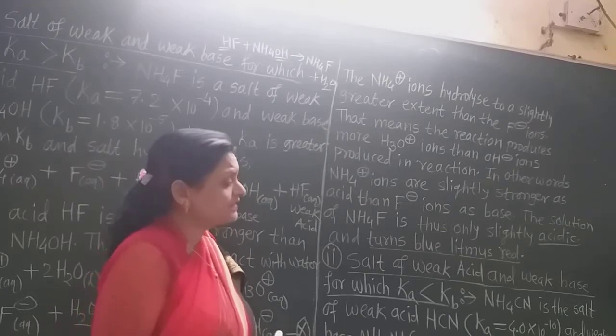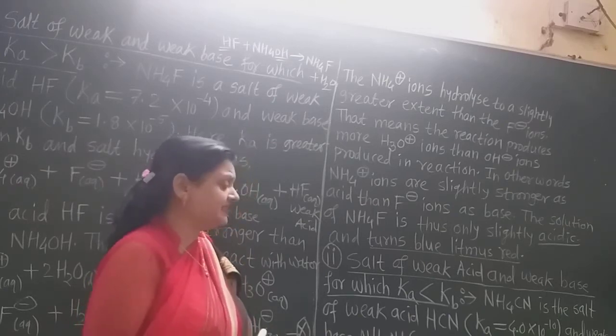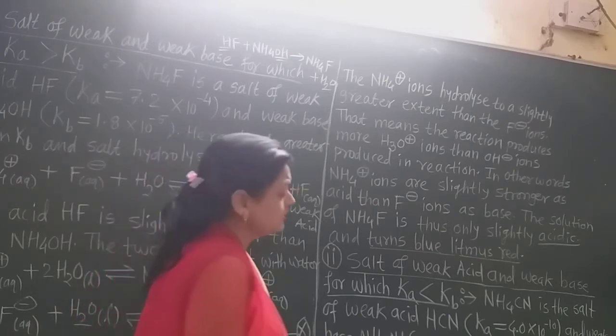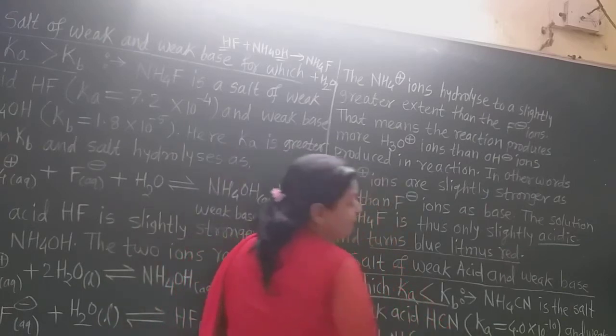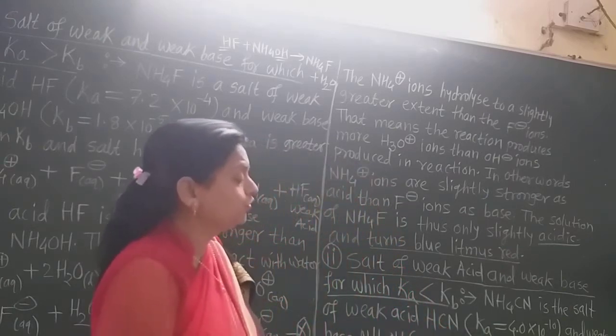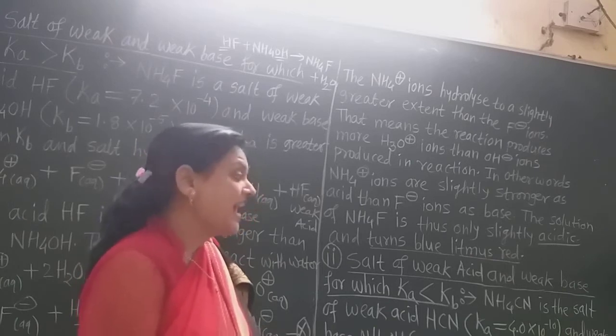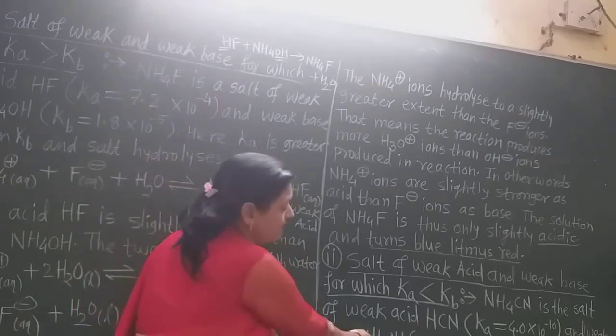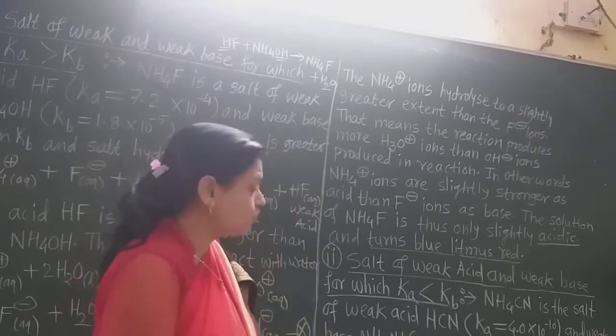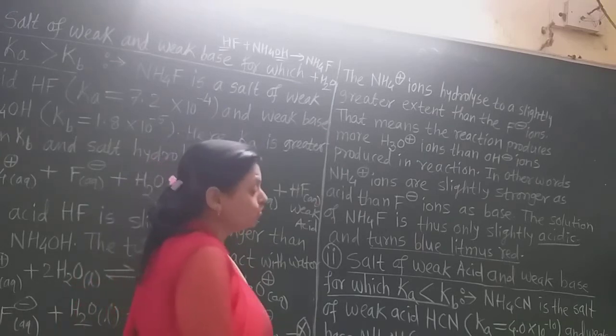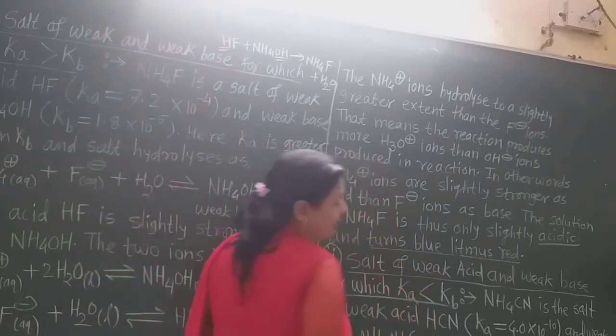Now this NH4CN is the salt of the weak acid HCN, having the dissociation constant value of the weak acid 4.0 × 10^-10, and the weak base ammonium hydroxide having the dissociation constant value, that is Kb, equal to 1.8 × 10^-5.